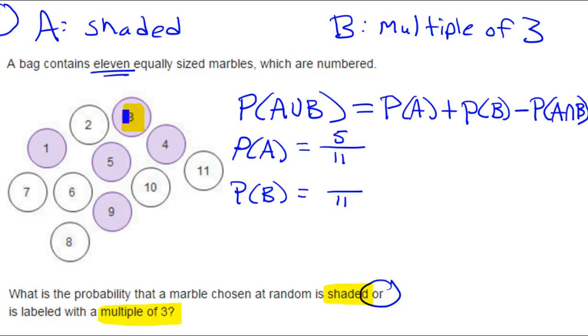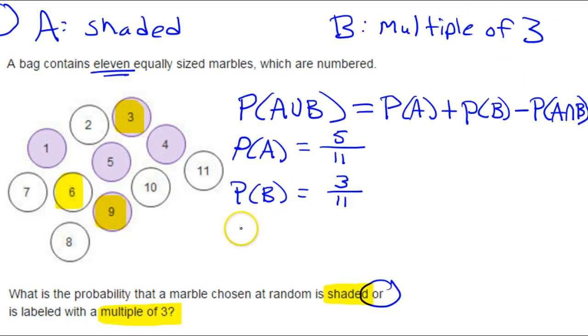Okay, so 3, 6, 9, that's it. 3, 6, and 9. So those are the ones that are multiples of 3. So there are 3 of them. So 3 out of 11, that's the probability of event B, picking a multiple of 3.